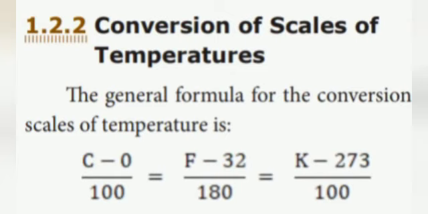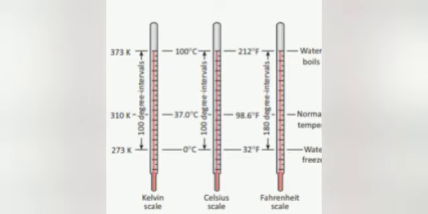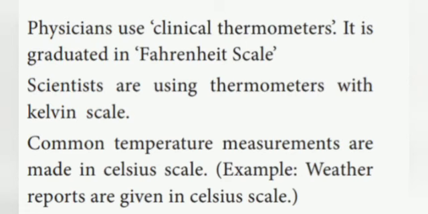From this equation, we can convert from one scale to another scale. For example, Celsius to Fahrenheit, or Fahrenheit to Celsius, or Kelvin to Celsius, all are possible. See the various types of thermometers: upper fixed point and lower fixed point of Celsius, Kelvin and Fahrenheit scales.